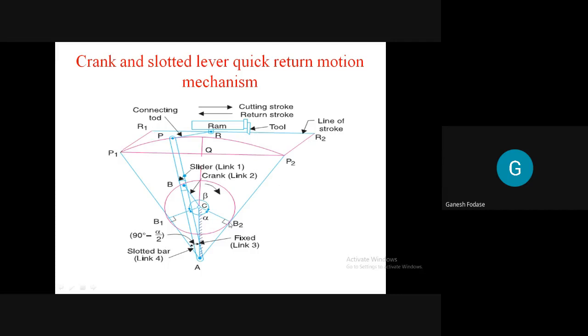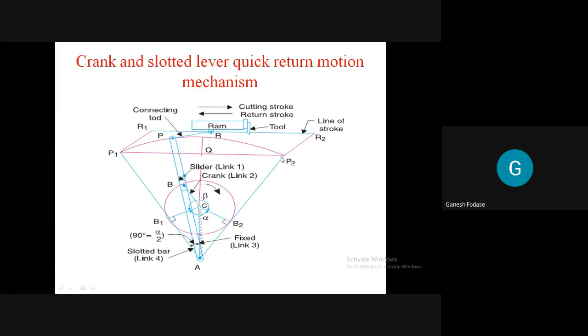The reverse will happen when this crank is moving from B2 to B1 further. It will turn through angle alpha. So when the crank is moving from B2 to B1, the slider is here. When it is moving down, the slider retracts this oscillating link from P2 to P1.